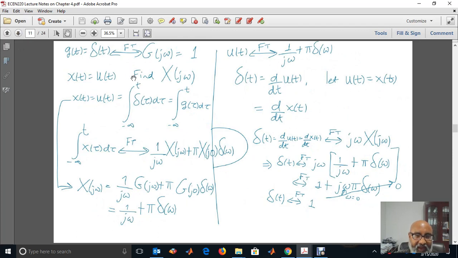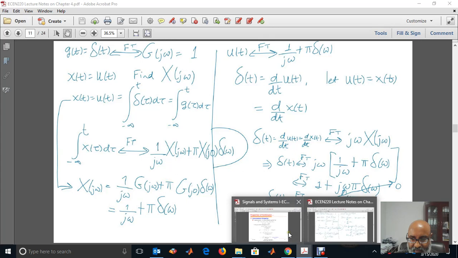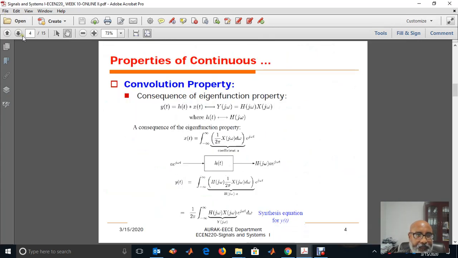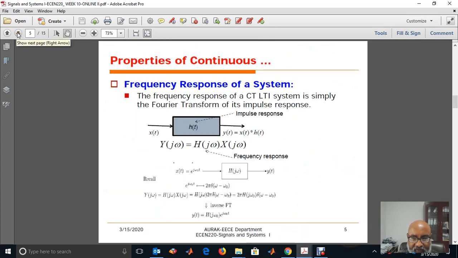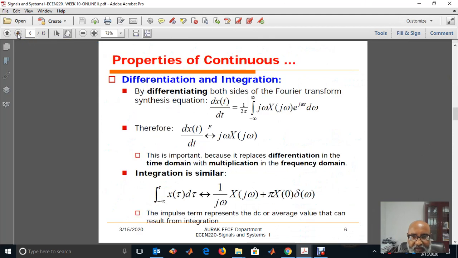Okay, the other property is the integration and derivative property. If we go to the slides here, the derivative of x(t), dx(t)/dt, when I change it to frequency domain, it will become j omega times X(j omega).